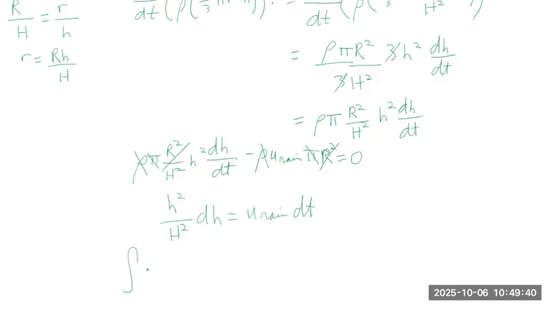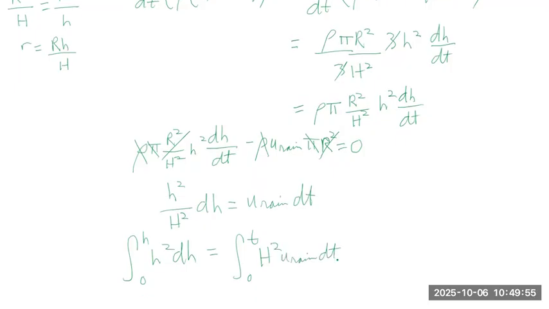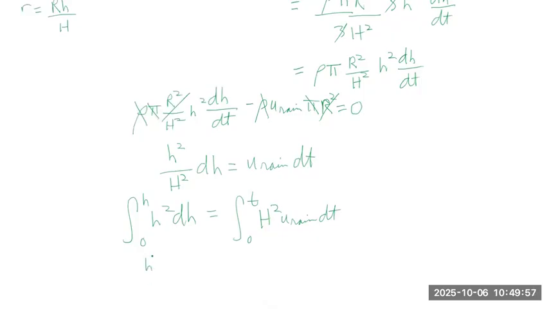So we integrate from 0 to h of h squared dh, and it is equal to the integral from 0 to t of h squared u rain dt. So we have h cubed over 3 evaluated from 0 to h is equal to h squared times u rain t from 0 to t.